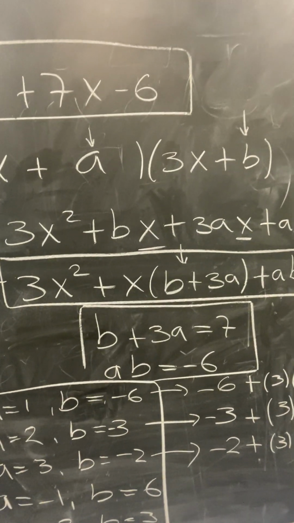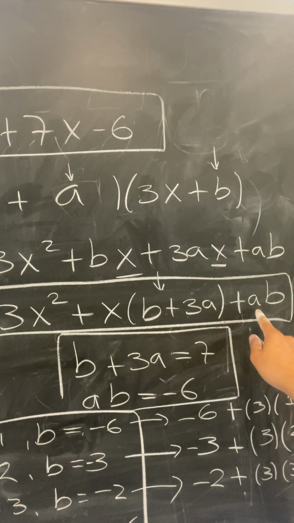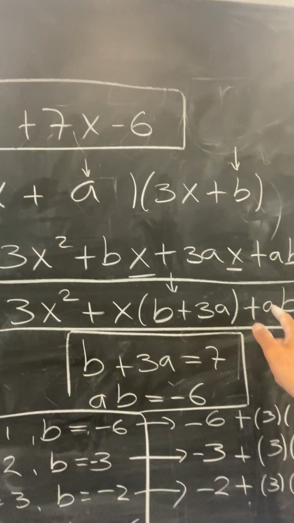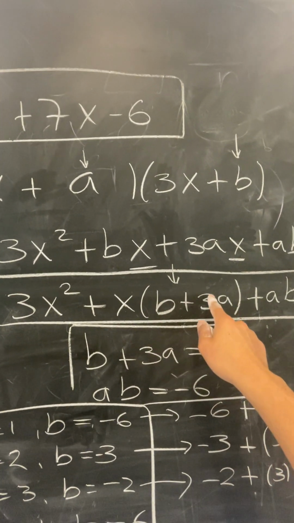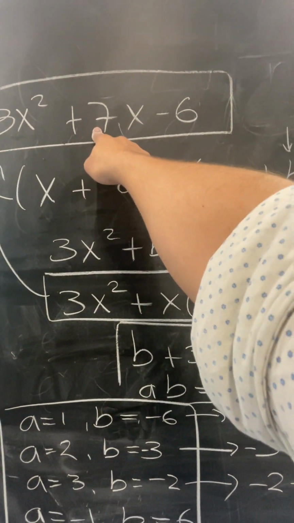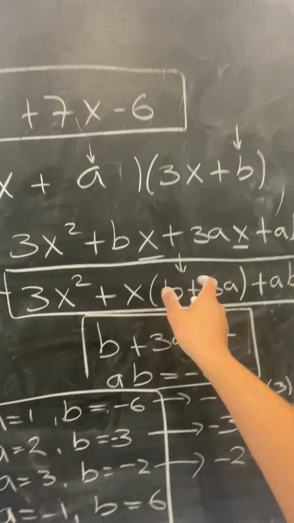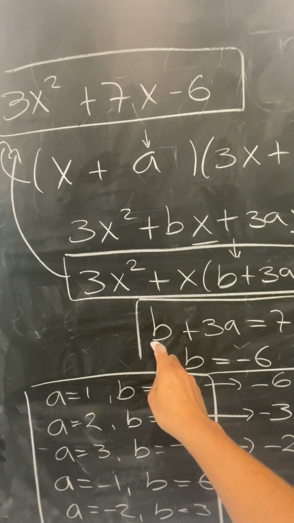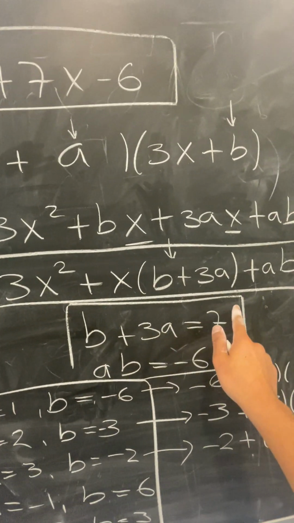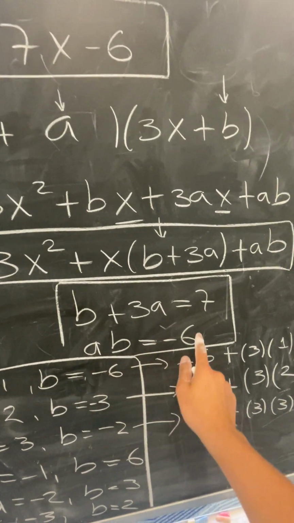What we want is a times b to equal negative 6, and b plus 3a to equal 7, since this goes in front of the x. So we have two constraints. Our first constraint is that b plus 3a needs to be equal to 7. And our second constraint is that a times b needs to be equal to negative 6.